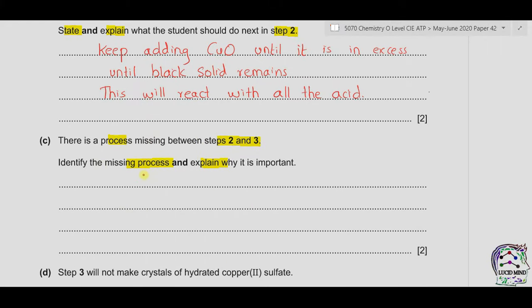So we can write the missing process is filtration, and it is important because it is used to remove excess copper oxide, which is insoluble.